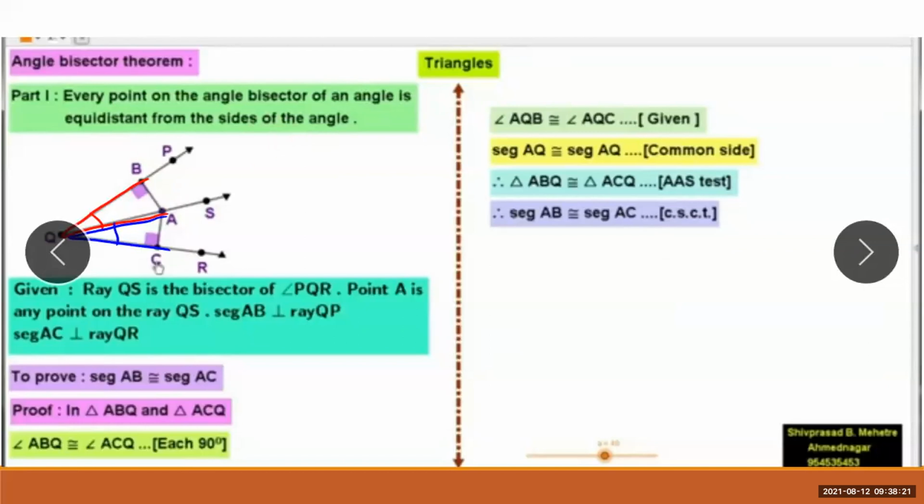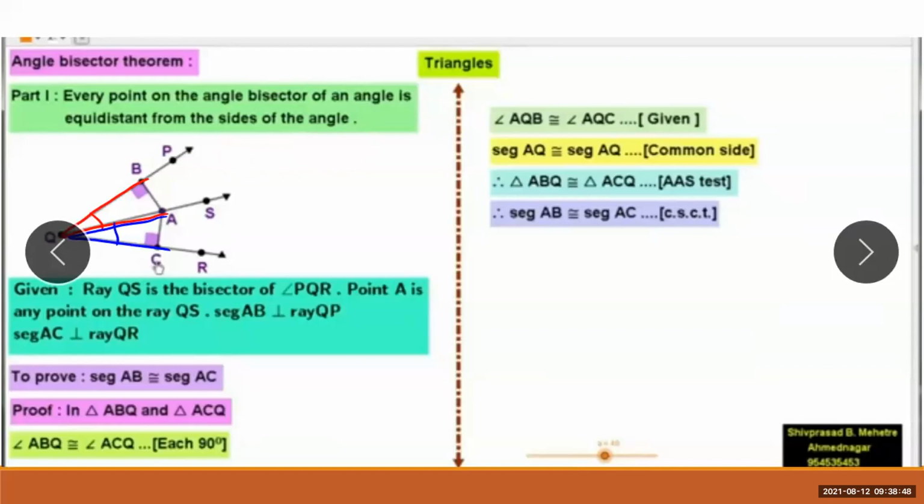And that point is on bisector. That point is on bisector. So every point on the angle bisector of an angle is equidistant from the sides of the angle. Yes? Understood the theorem, how to write it?